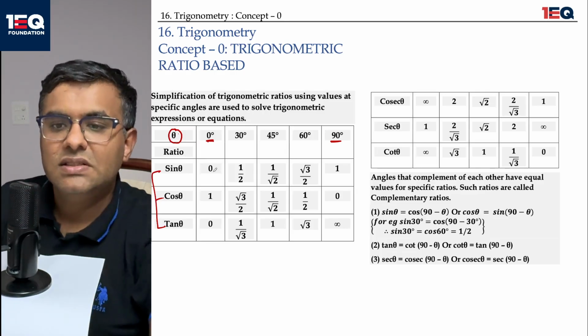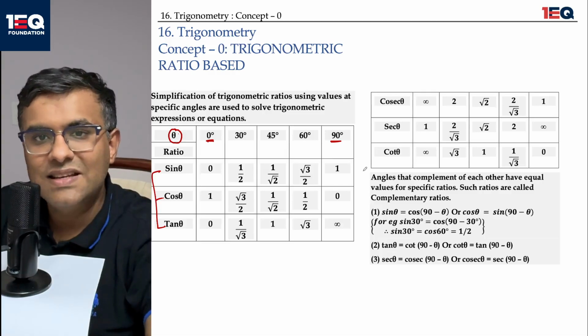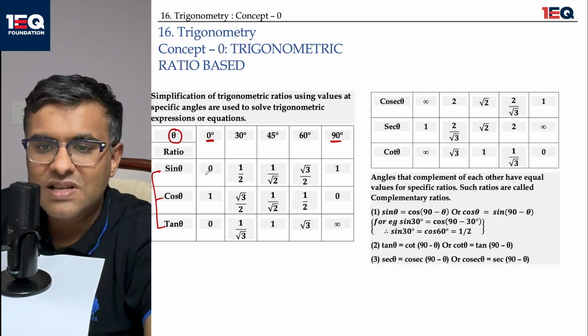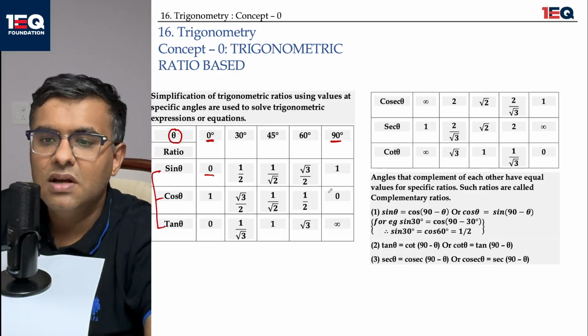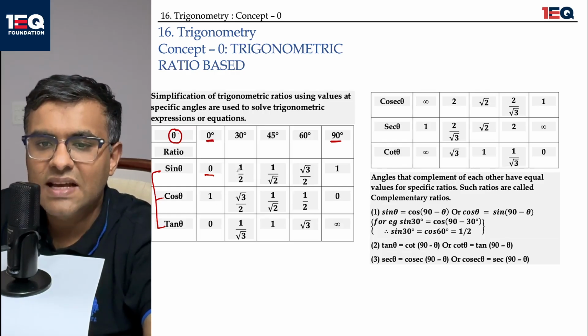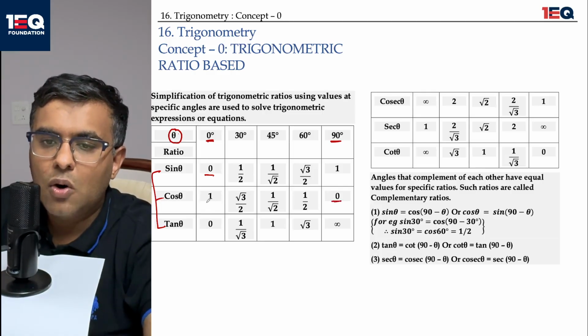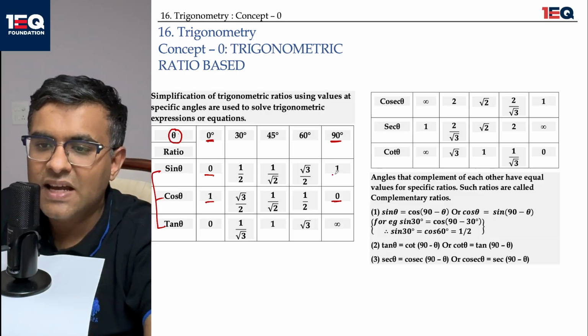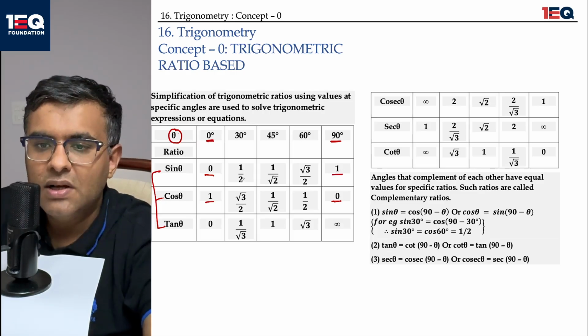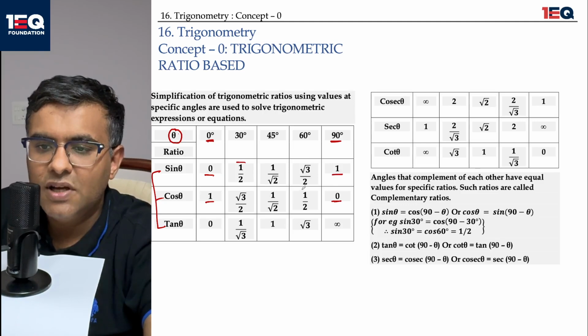Okay, sine is going on increasing and increasing over here. So sine 0 is 0. You have to remember this. The opposite of sine 0 is equal to cos 90. So both of them would be 0 here. Cos 0 is 1 and we have sine 90 as 1. They would be equal. Similarly, sine 30 would be equal to cos 60 and cos 30 would be equal to sine 60.